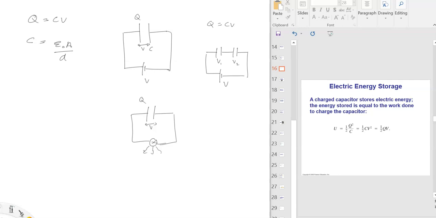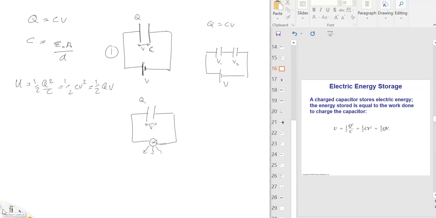Now the energy stored in the capacitor is given by these equations, as shown in the PowerPoint slide to the right. If you connect a capacitor, like in diagram 1, to a voltage of V with a capacitance of C, the energy stored is given by half Q squared over C, also equals half CV squared, also equals half QV, right?